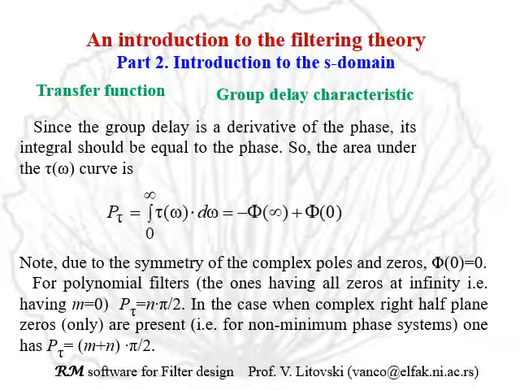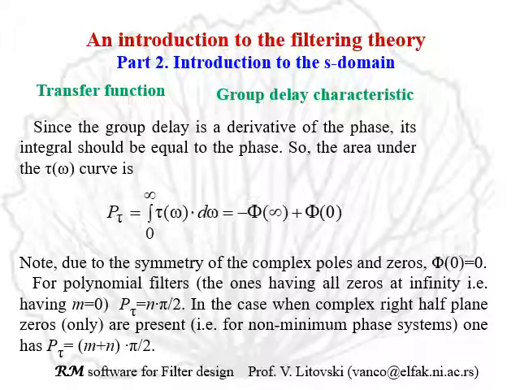For example, if all zeros are at infinity, meaning the numerator polynomial is a constant, there are no finite zeros, m is 0, then we have a transfer function which is called a polynomial filter, since only the denominator polynomial exists. In that case, the area under the group delay is n times pi half, which is the value of arcus tangens at infinity.